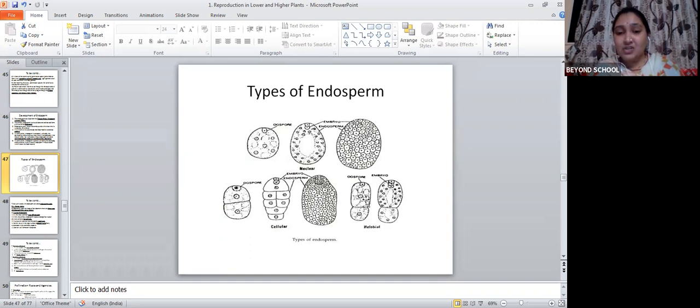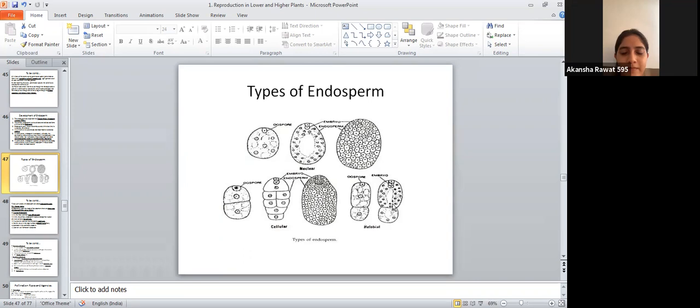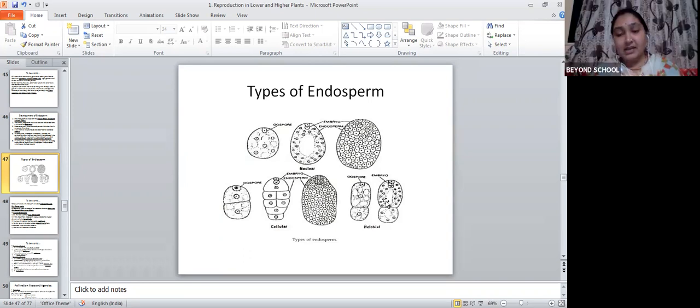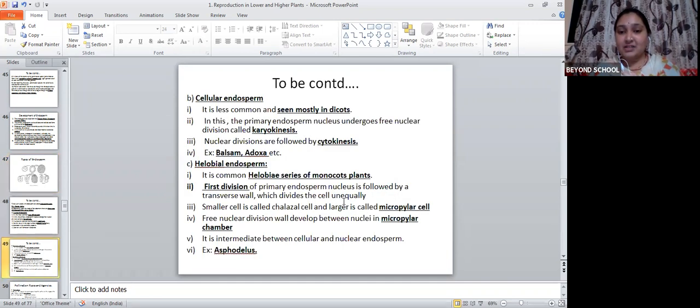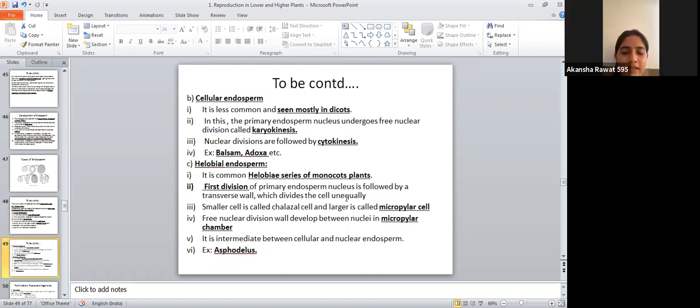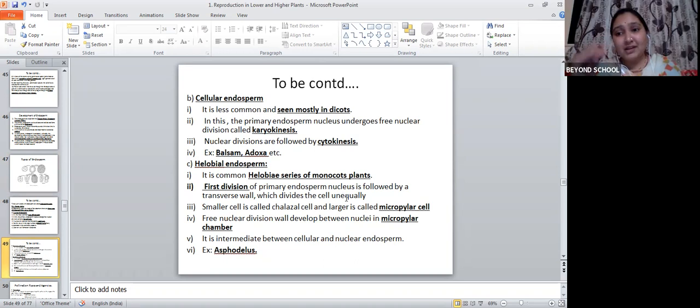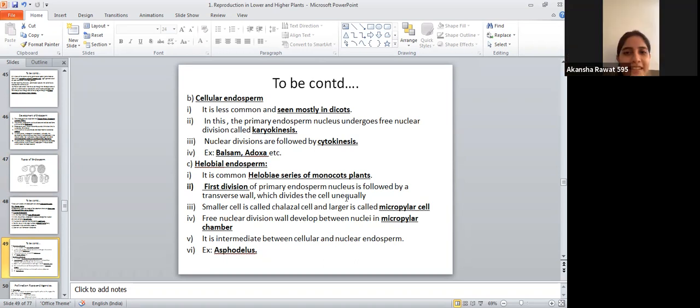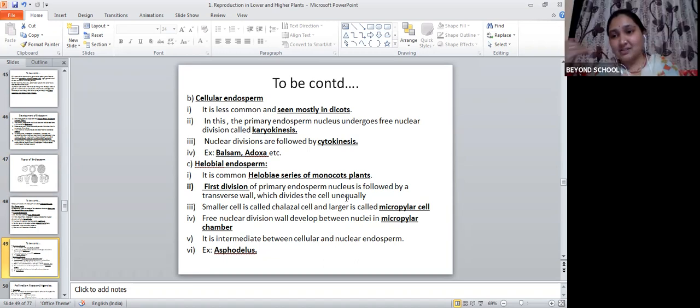Unequally means there is no shape; somewhere more is divided, somewhere someone got more part, someone got less part. Next to it as well, where embryo formation has happened, some got more part, some got less part, right? So the cells which have been divided have been divided unequally. Understood, Akansha? Okay, there is no proper proportion of the part distributed; in certain parts it has been distributed more, in certain parts less.